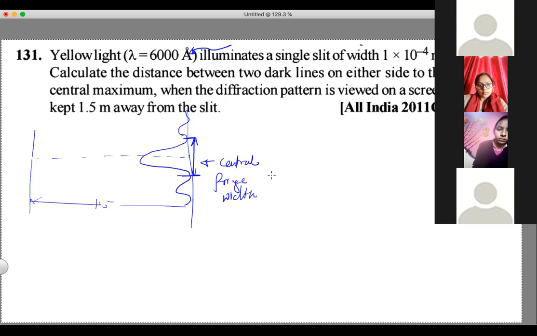So what is the central fringe width equal to? It's double the size of lambda upon small d into the screen distance, right? We just have to put in the values.